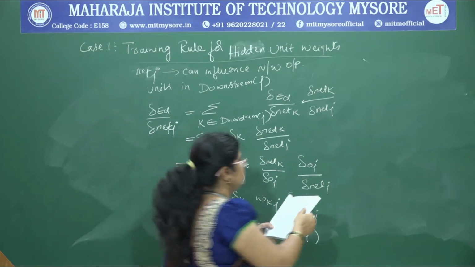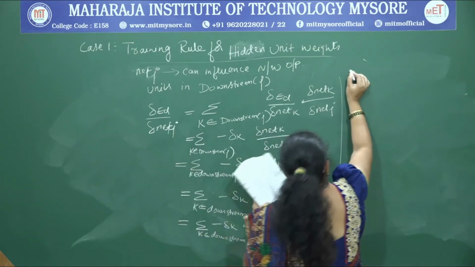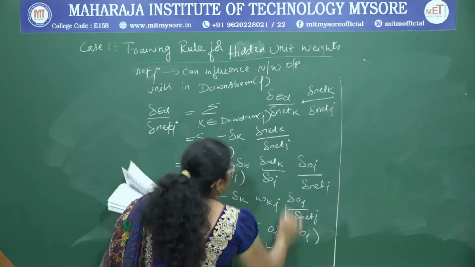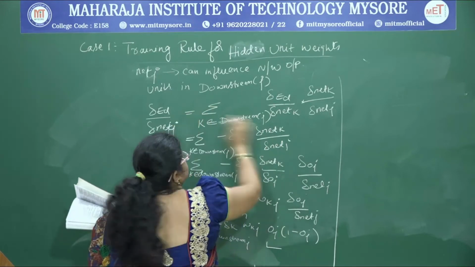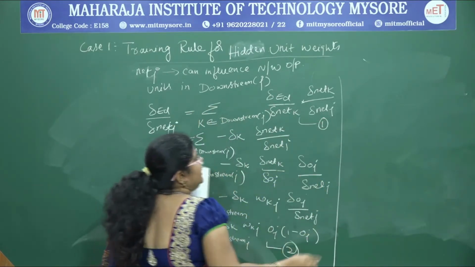By rearranging, we take this as equation number 1 and this as equation number 2.